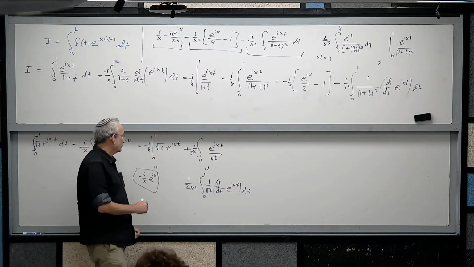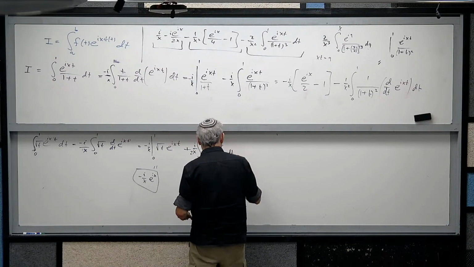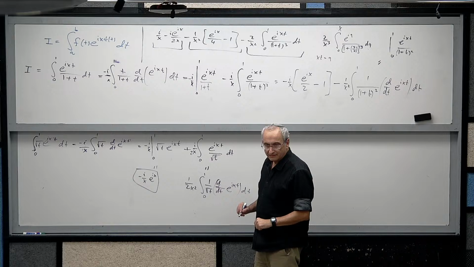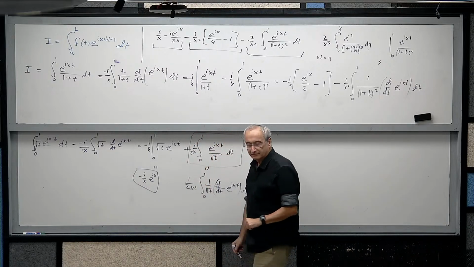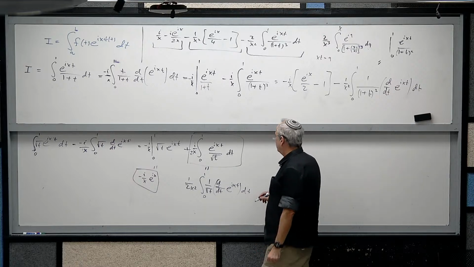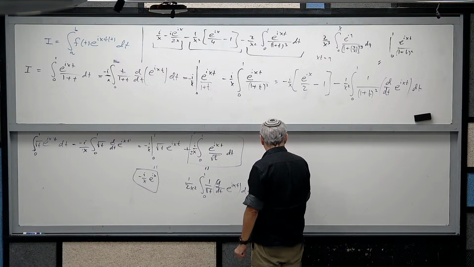But I can still estimate this integral. I can write it as i over 2x, and again I will define q as x times t.